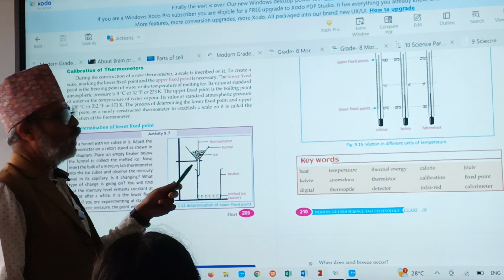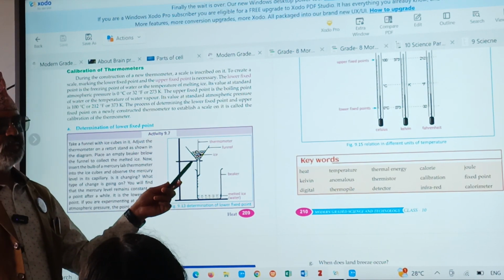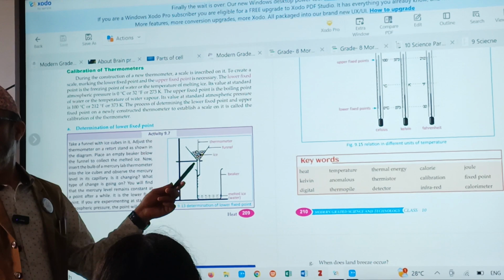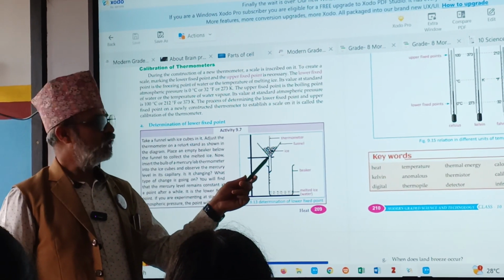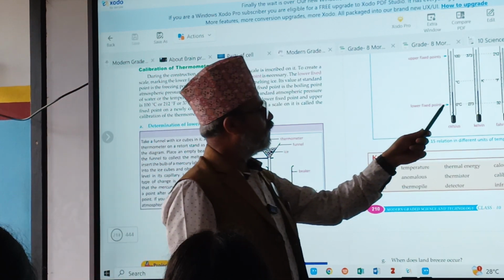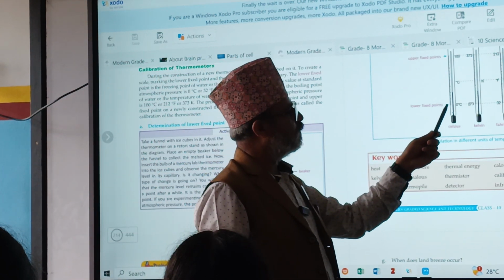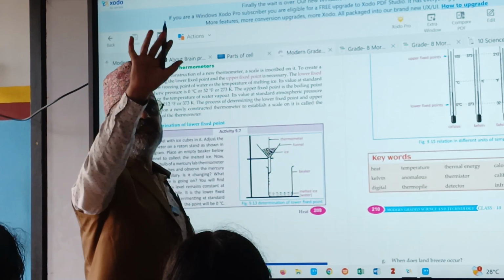And to find the lower fixed point, where should we keep that thermometer? In ice. Why? The temperature of ice is how much? 0 degree centigrade. And up to where the mercury goes, we have to mark there as 0 degree centigrade. Now please make your concept clear.